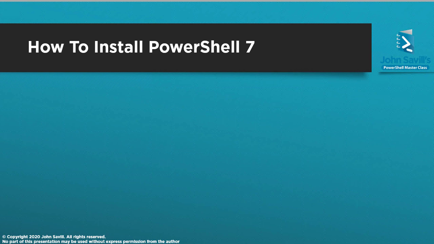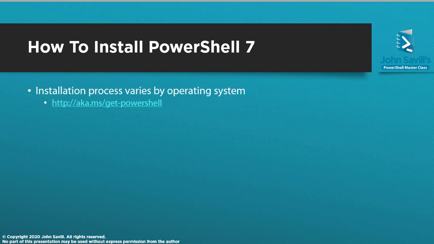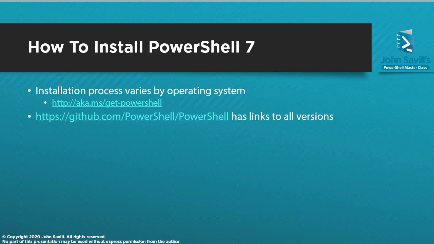Now, the exact installation varies. I can go to aka.ms/get-PowerShell for a link to all of the different installations for Windows, Linux, macOS, ARM, Docker, etc. Also the PowerShell GitHub page has links to all the different versions.